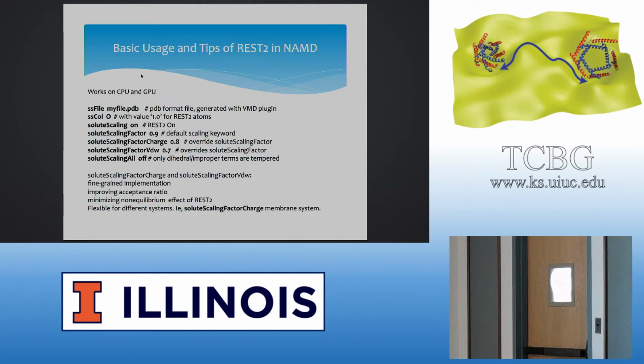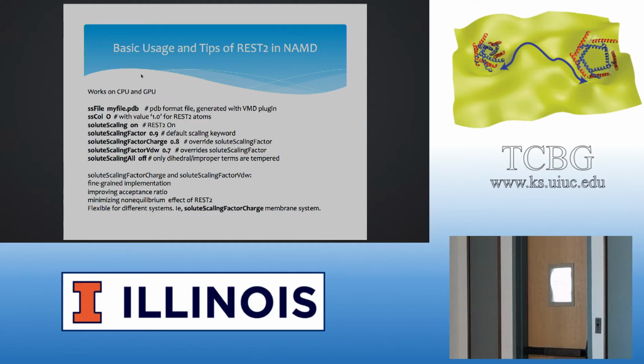So the less you scale the system and the smaller the rescaled region you choose, the higher the acceptance ratio you get. This is the motivation why we implemented this fine-grained scaling. We just want users to get as high an acceptance ratio as possible. With a high acceptance ratio, you just need to run shorter MD simulations.